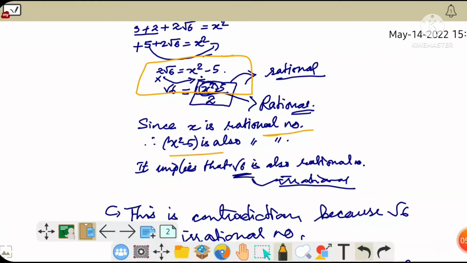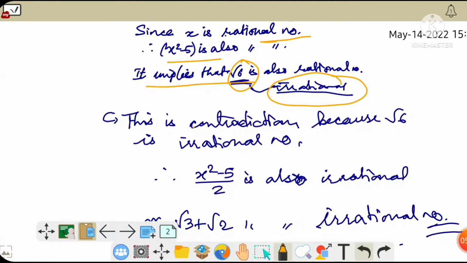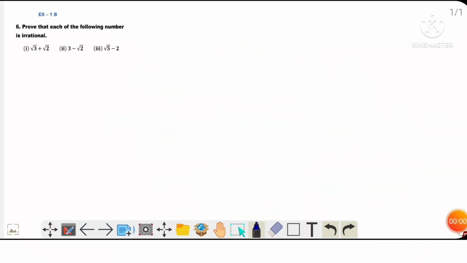If x is rational, then the whole thing is also rational, but root 6 is irrational, so it contradicts our statement. So by the method of contradiction, we prove that x square minus 5 upon 2 is also irrational. That means root 3 plus root 2 is also an irrational number.